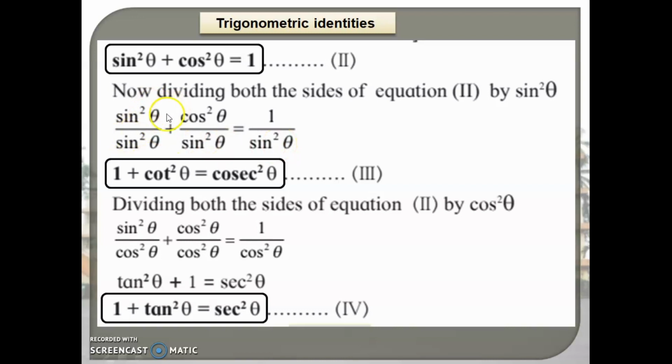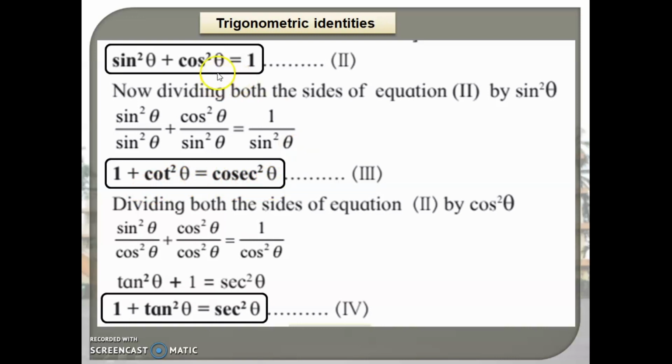Now sine square theta and sine square theta will get cancelled and we will get 1. Same way cos theta upon sine theta is cot theta. So we get cos square theta upon sine square theta is equal to cot square theta here, and 1 upon sine is equal to cosec. Therefore we get the new identity 1 plus cot square theta is equal to cosec square theta.